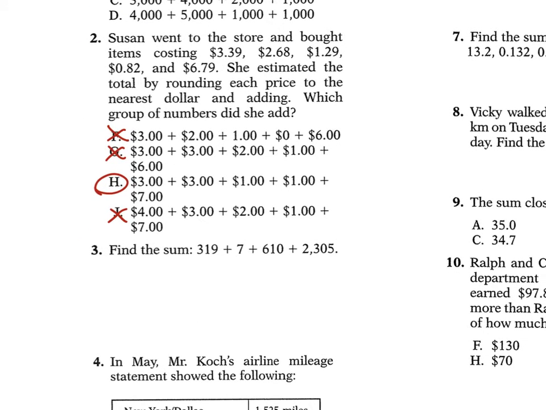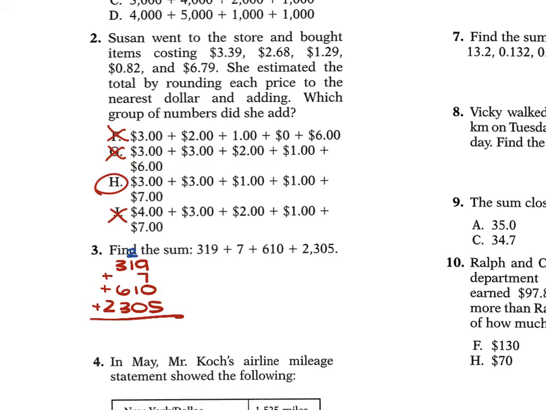For 3, it tells us to find the sum of 319 plus 7 plus 610 plus 2,305. So we are going to add these numbers based off of their place value. The 9, 7, and 5 add up. That gives us 21.